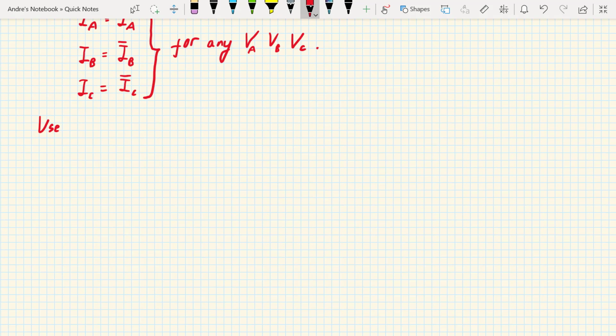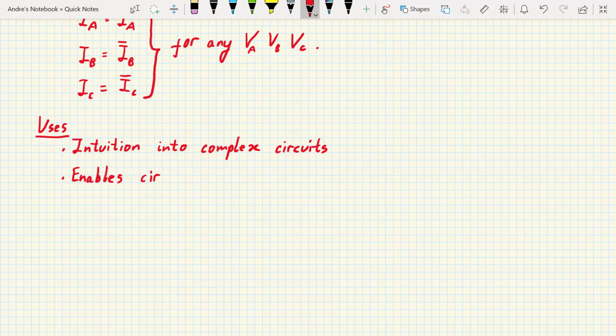There are two uses for this process. One is that it can allow you to turn complex circuits into simpler circuits. And secondly, it enables circuits to be analysed more straightforwardly by hand.